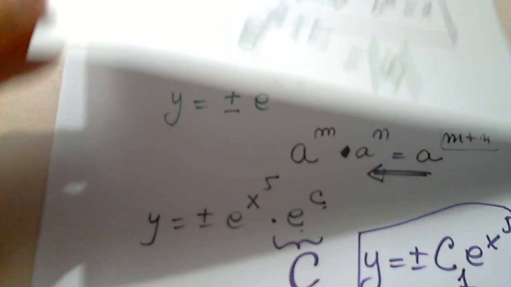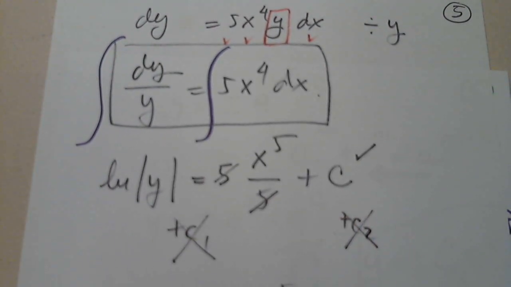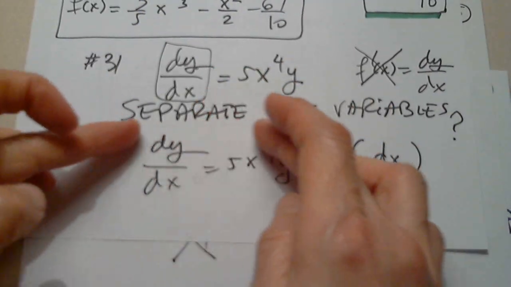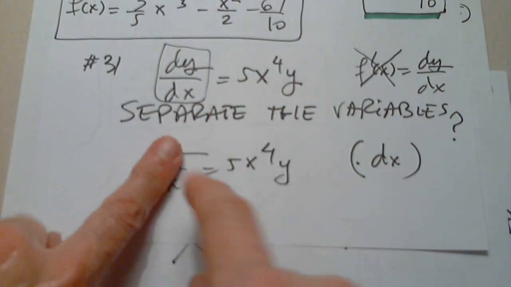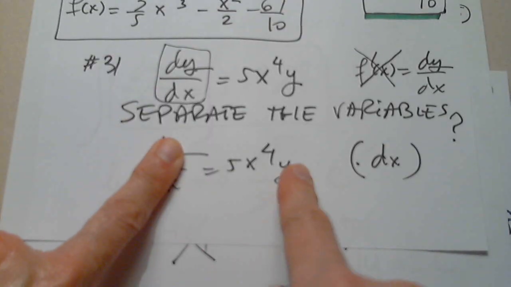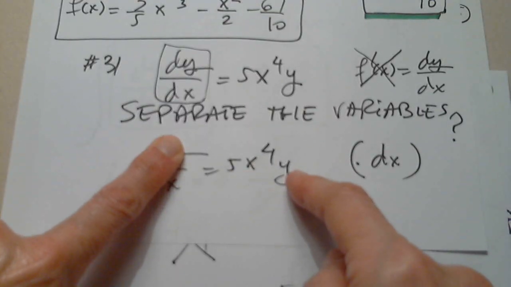Okay, so what was the difficulty with this exercise? So let's start from the beginning and review the steps. I am given a differential equation because it has f prime and the function. It has a derivative and it has the function as well.